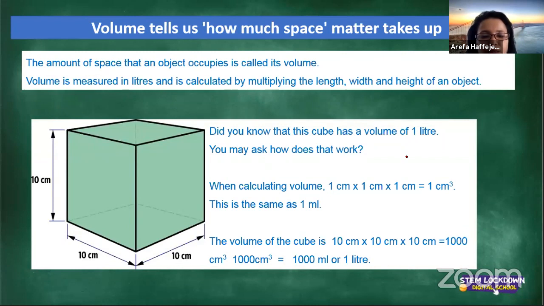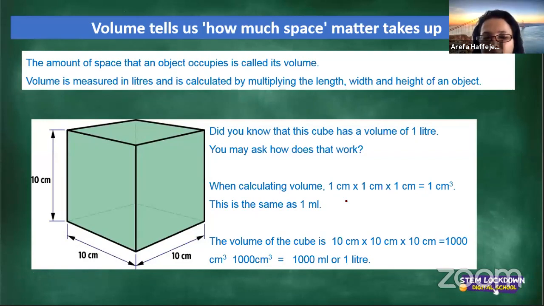Now you may ask yourself, how does this work? If we look at the measurement of calculating volume, with the length, the width, and the height, which is the length times the width times the height, if we just take the basic 1 centimeter times 1 centimeter times 1 centimeter, it is equal to 1 cubic centimeter.